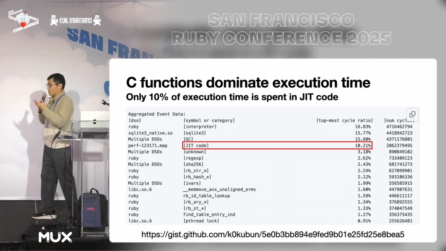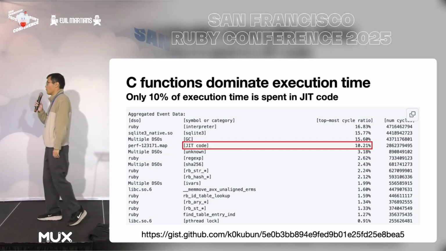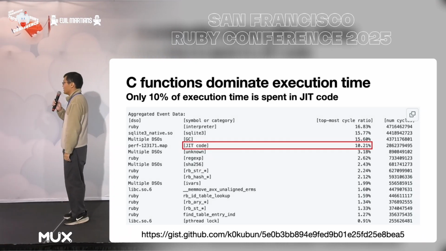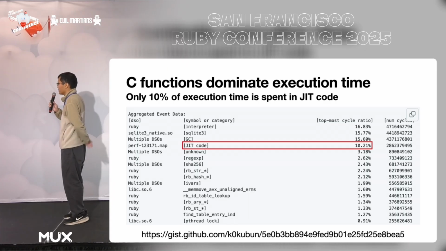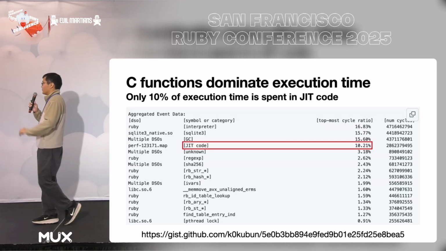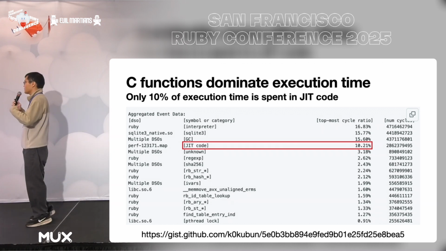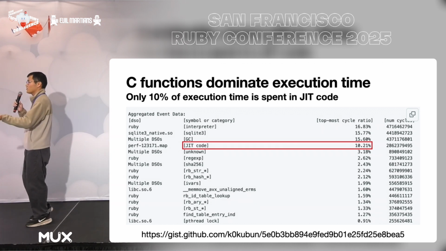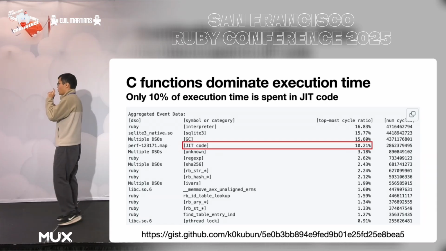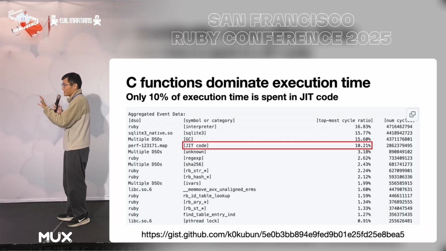this is a profile of YJIT with the railsbench application benchmark. If you benchmark the cycles spent on the execution of the benchmark, time spent in the YJIT code was only about 10%.